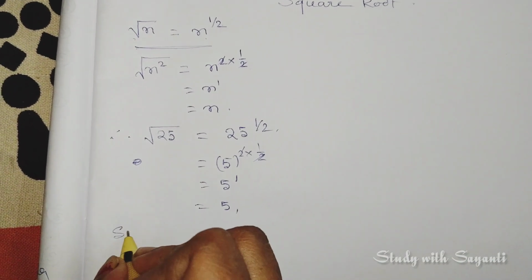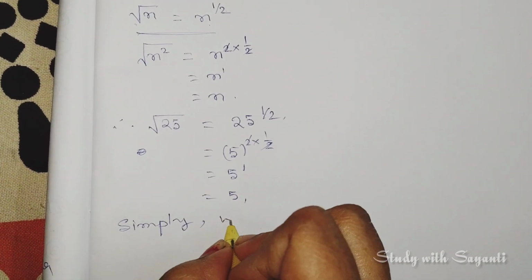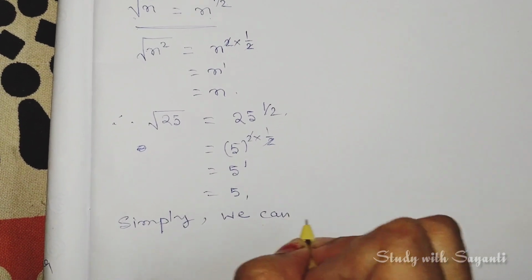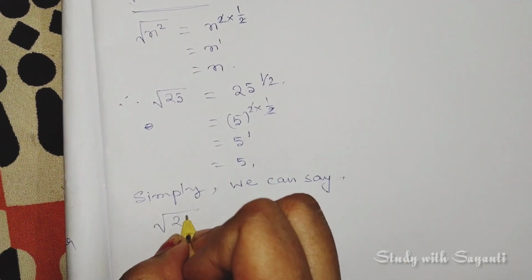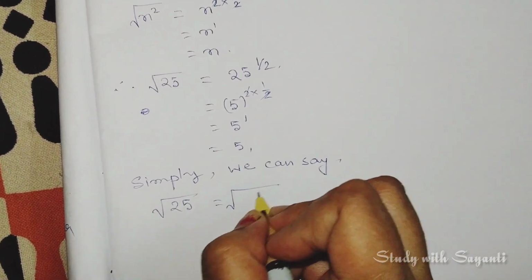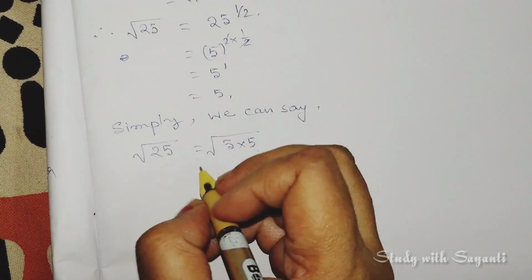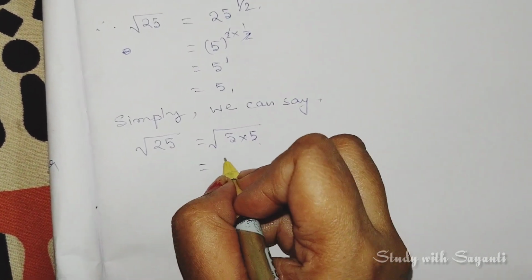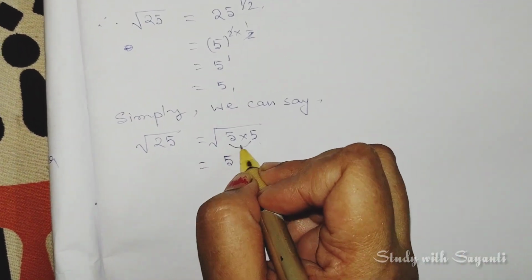But in our daily life we generally follow a simple rule. We can just say that root 25 equals root 5 into 5, and whenever we make an equal pair, we just put one number outside the root. Okay.